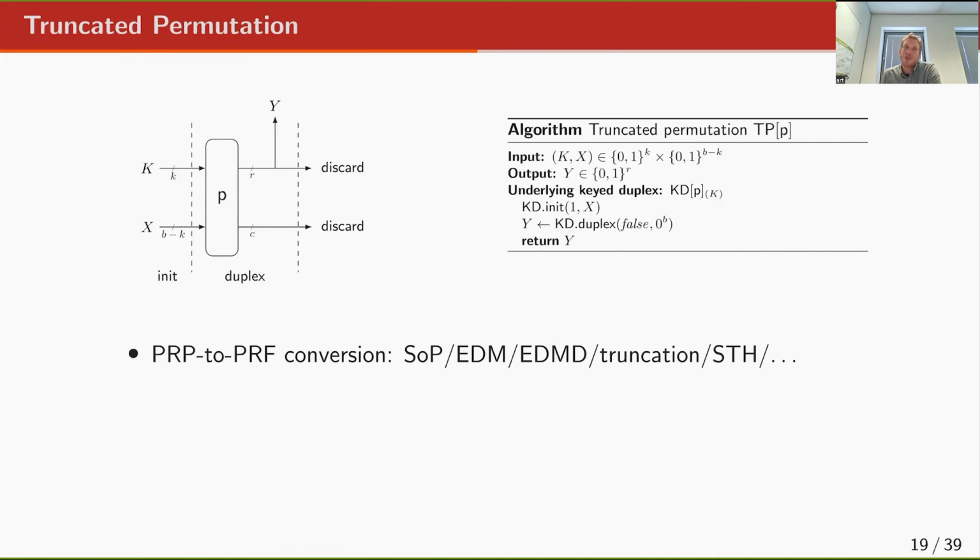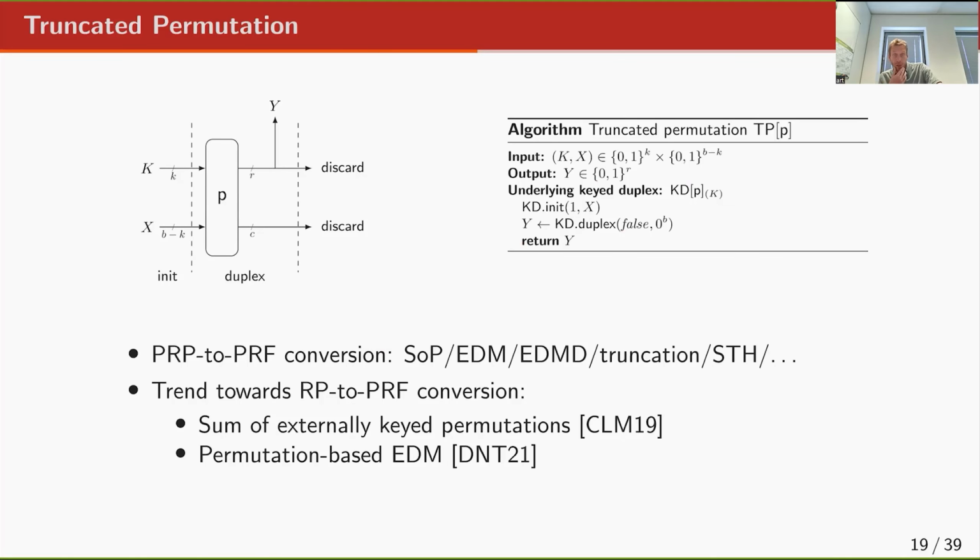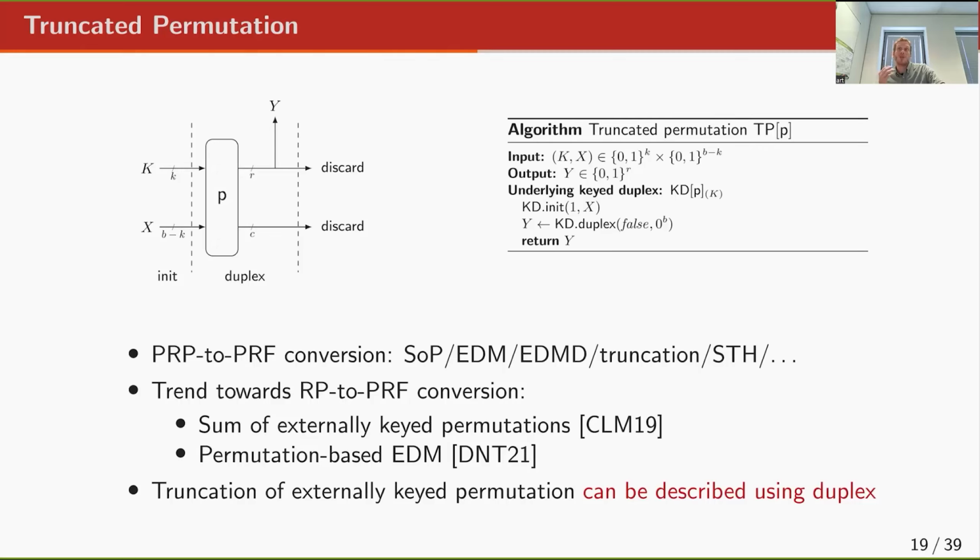And at some point, this led to forking into a different angle of research of random permutation to PRF conversion. Think of the sum of externally keyed permutations, so sum of Even-Mansour, keyed sum of permutations, permutation-based EDM, but also truncation. You can do truncation from a public random permutation to a PRF. And they can be described with the duplex, and this is what you see on the top of the slide.